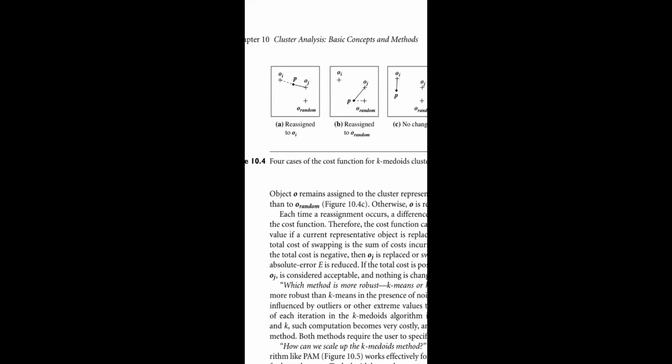There are four clustering methods in total: the first is partitioning, the second is hierarchical, the third is the density-based method, and the fourth is the grid-based method. In partition methods, we have two types: the K-means centroid-based clustering method, and the second one is K-medoids.